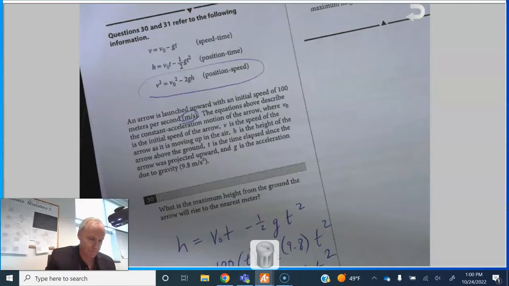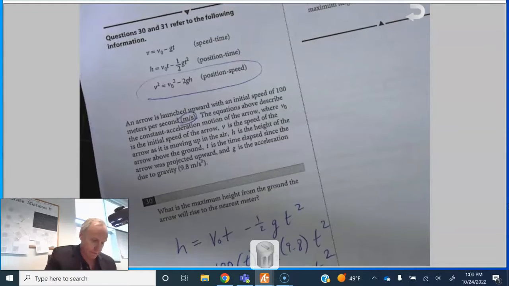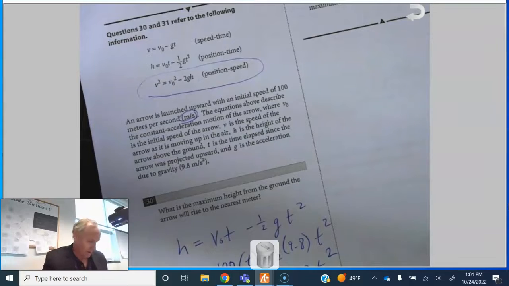So if I get this time, which is t equals 0, and 100 minus 4.9t is equal to 0, I'm going to divide 100 by 4.9.